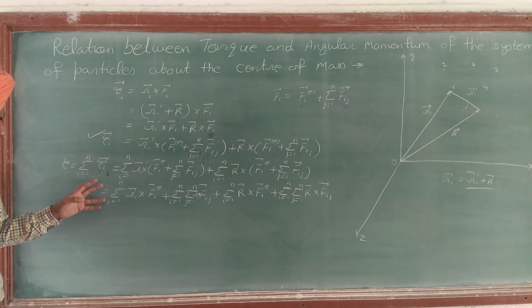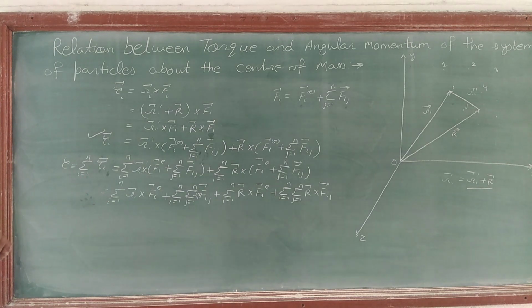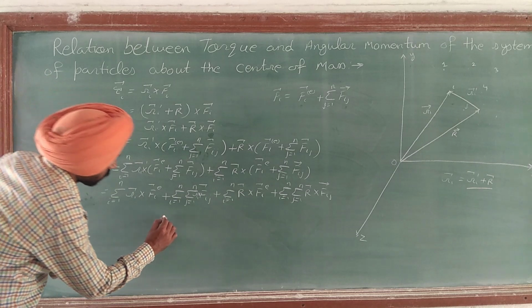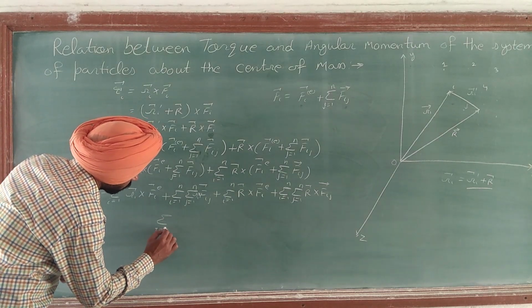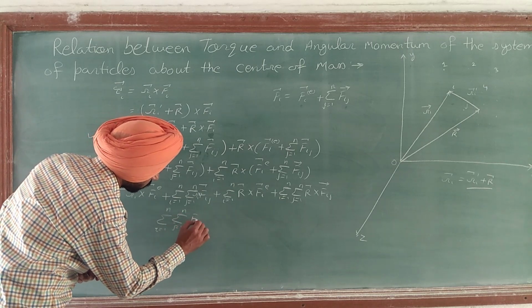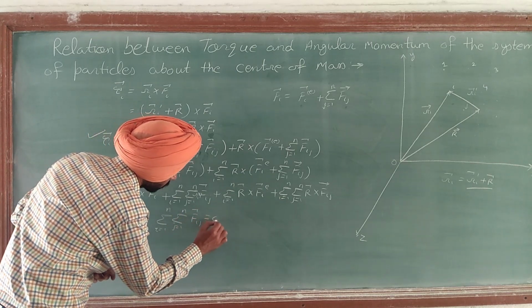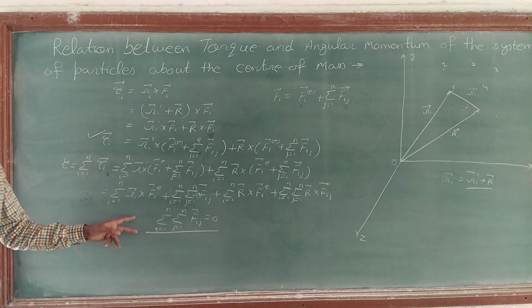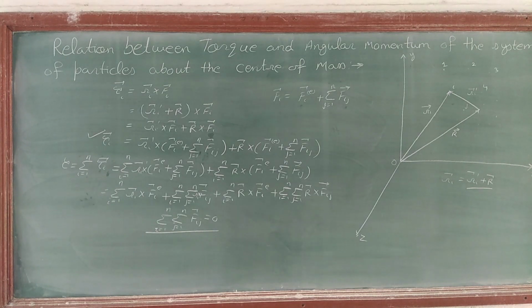We have considered the sum over all the particles. Since all the internal forces are equal and opposite, summation i equal to 1 to n summation j equal to 1 to n Fij is 0. You can go through the previous lectures for this. And the resultant torque due to internal force acting on the system of particles is 0.